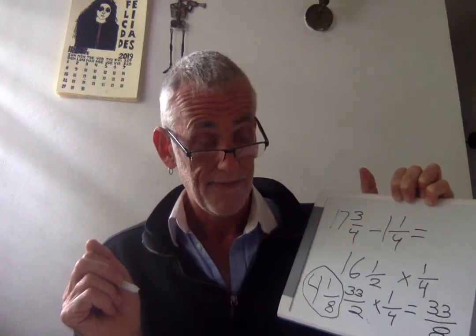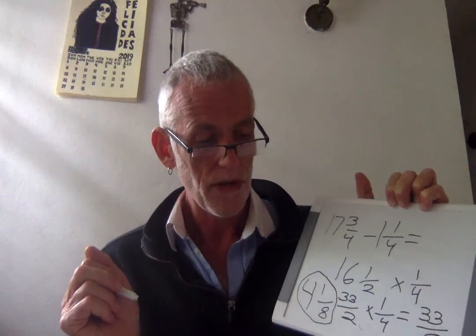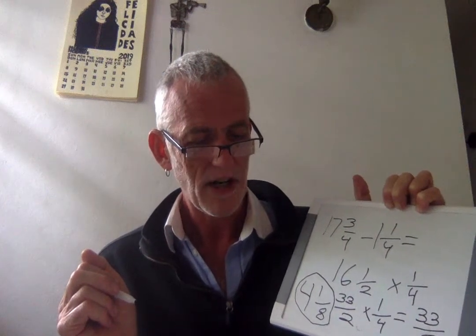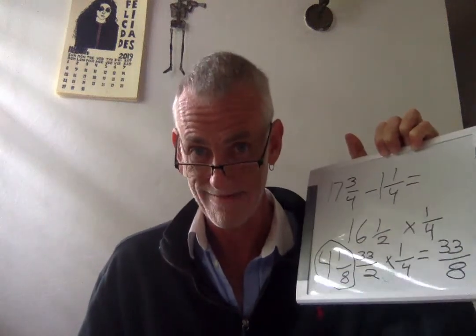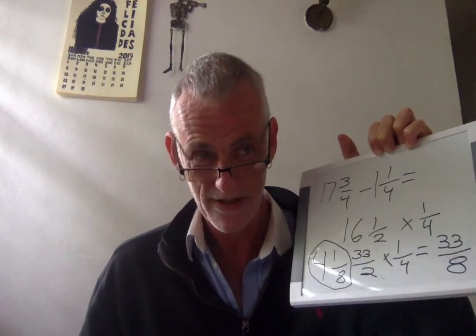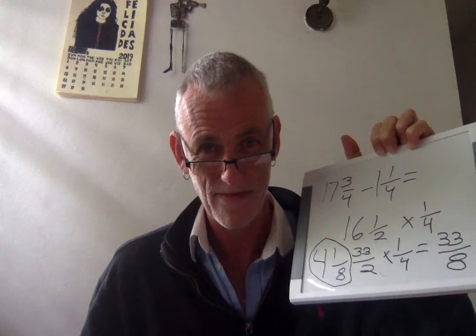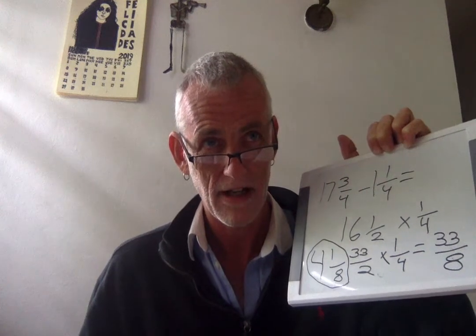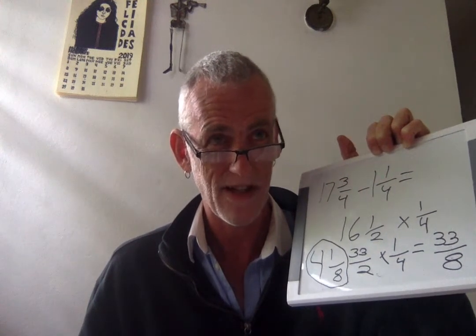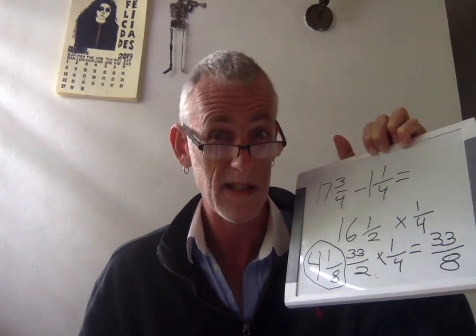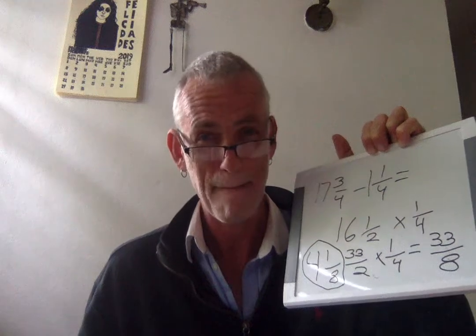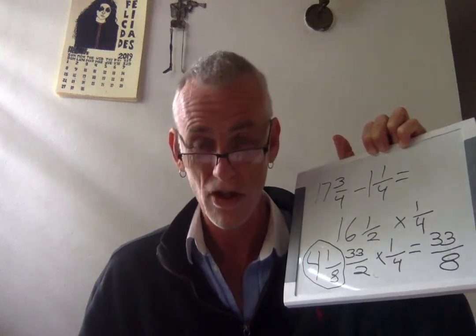Number 17. Write and solve a real-world problem that involves finding the product of a fraction and a mixed number. Ooh, that's going to be exciting. You'll have to make that up yourselves. Omar had 17 9/17 pieces of chocolate.